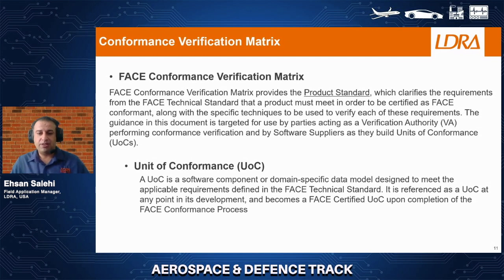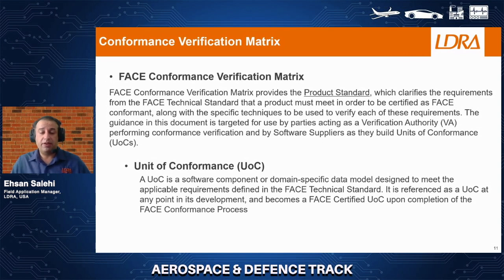The FACE conformance verification matrix provides guidance, clarification, and illustration of how the requirements are met. In simpler terms, the matrix is designed to tell a supplier exactly what they need to do for every single requirement.